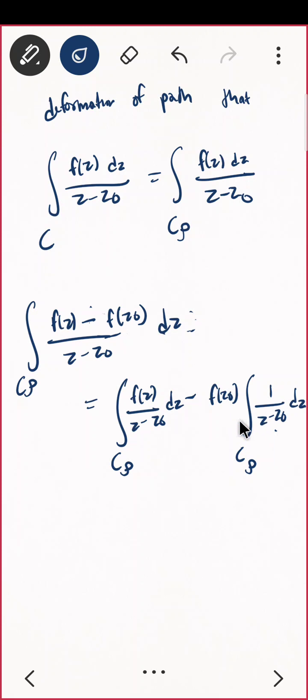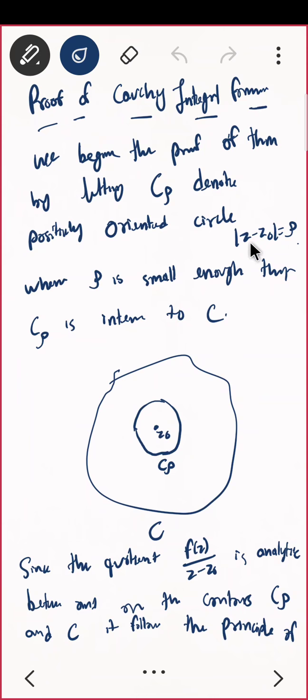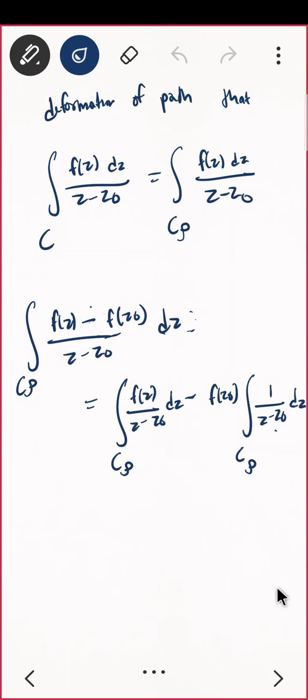You are having parameters. You don't have to use Cauchy integral, because the proof is doing exactly that and if you use Cauchy integral, that is not a good thing. You should use parameterization. What will you use? You are already given: what is my rho? This c rho is mod z minus z naught equal to rho. So what parameterization will you choose?